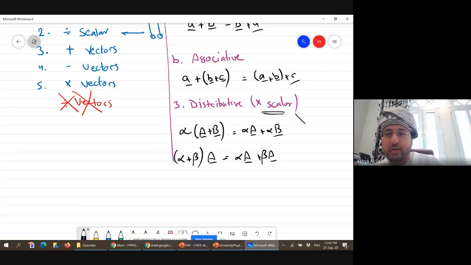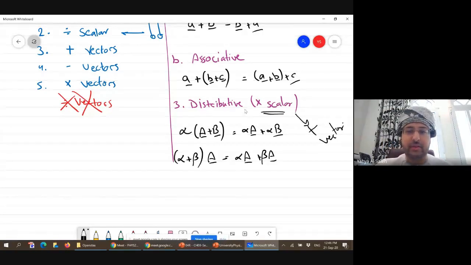This is only with a scalar. It does not work with a vector. And we will see examples of this, I think, in the next lecture.